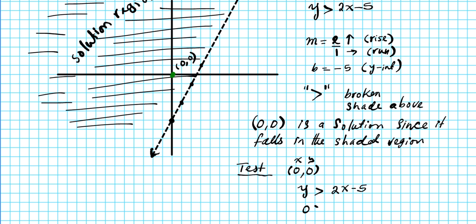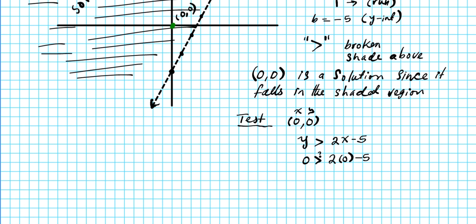Is 0 greater than 2 times 0 minus 5? I took the x value and plugged it in here, and I took the y value and plugged it right here. Now, let's simplify the right side. 2 times 0 is 0, 0 minus 5. Is 0 greater than negative 5? Absolutely. So that shows that 0, 0 is in fact a solution to the linear inequality.